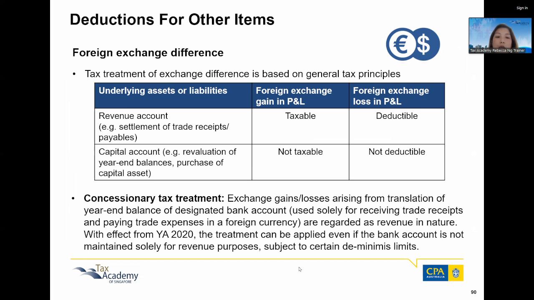There are certain guidelines on how much you will consider for a non-designated account to qualify and meet the de minimis rule. The foreign exchange differences on a non-designated bank account that qualifies for the de minimis limit can be allowable for deduction.